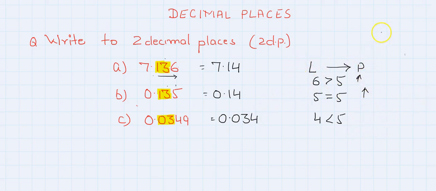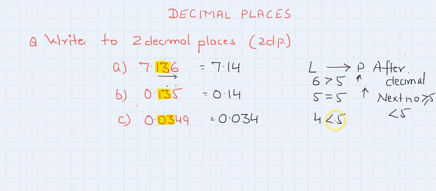You have to count from left to right, but after the decimal point. Then you have to check if the next number is greater than or equal to 5, or the next number is less than 5. If the number is greater than or equal to 5, you round it up.